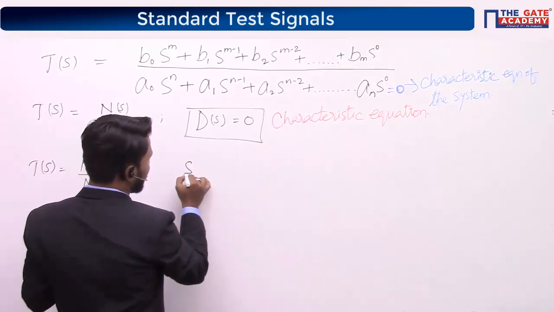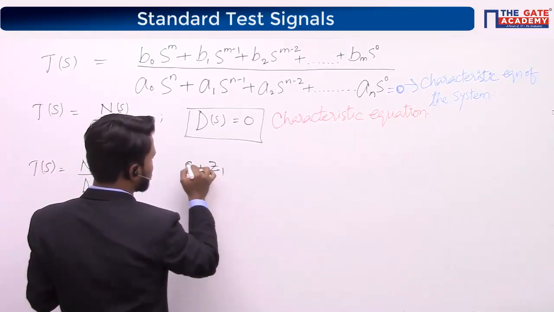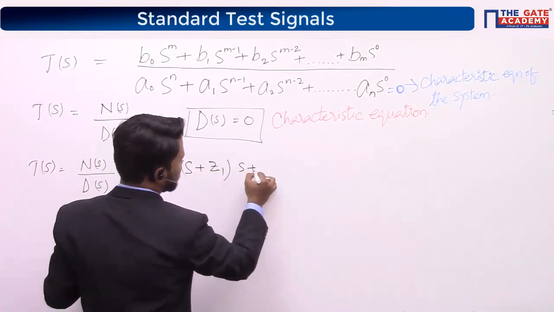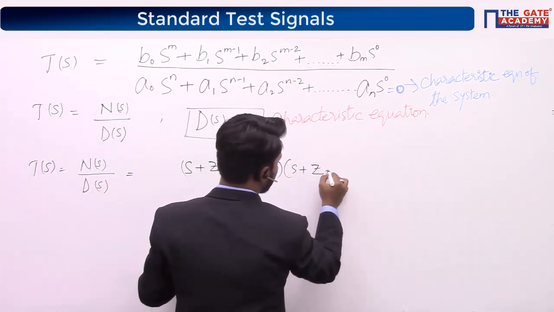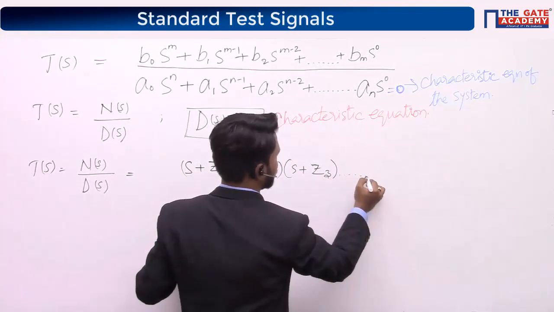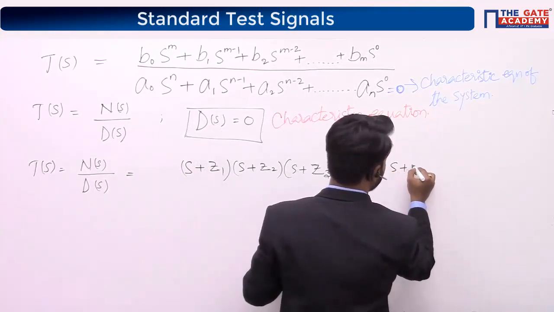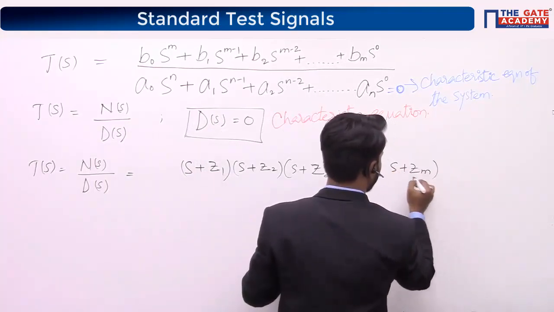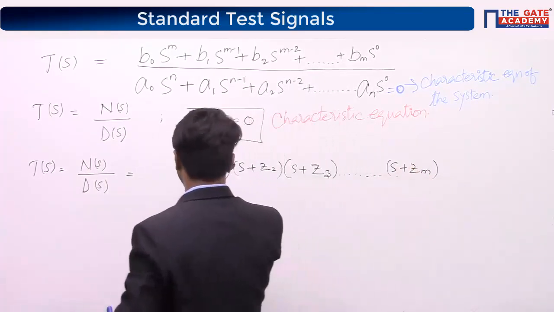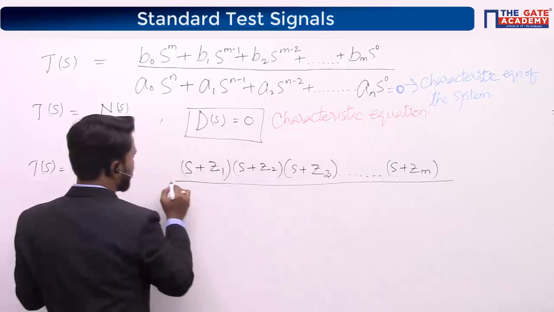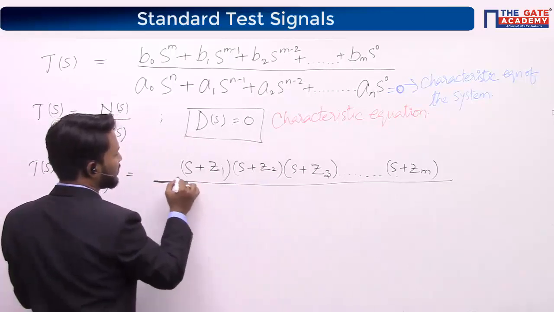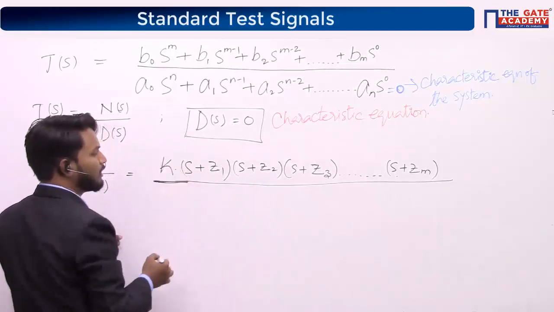So let us say S plus Z1, S plus Z2, S plus Z3, and so on, S plus Zm. I have factorized the numerator, and there might be some constant term here, some K term.